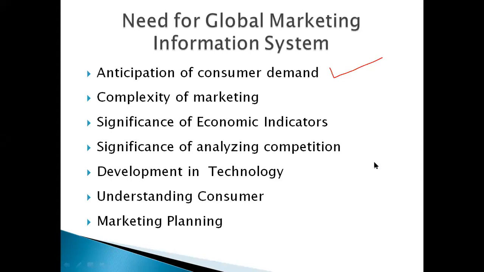Even in our home ministry, we have an intelligence organization. What do they do? They have the information, right? That is what the intelligence organization does. Similarly, in our marketing organization also, we have to have an intelligence department where the information is collected.